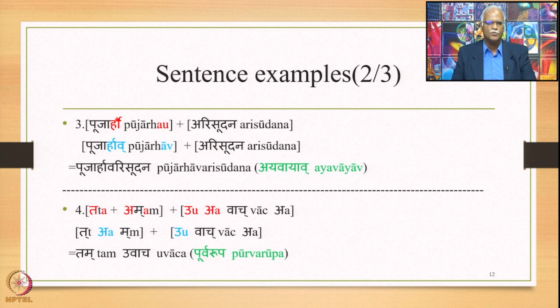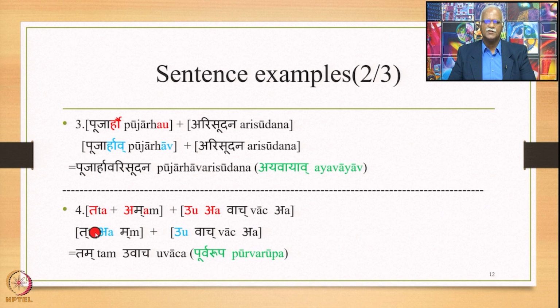So here we have pujarhau plus arisudana, au followed by a, the scope of application of ayavayav sandhi. So au gets substituted by av, so we have pujarhav and arisudana, and when we join them together we get pujarhavarisudana. This is the example of ayavayav sandhi.